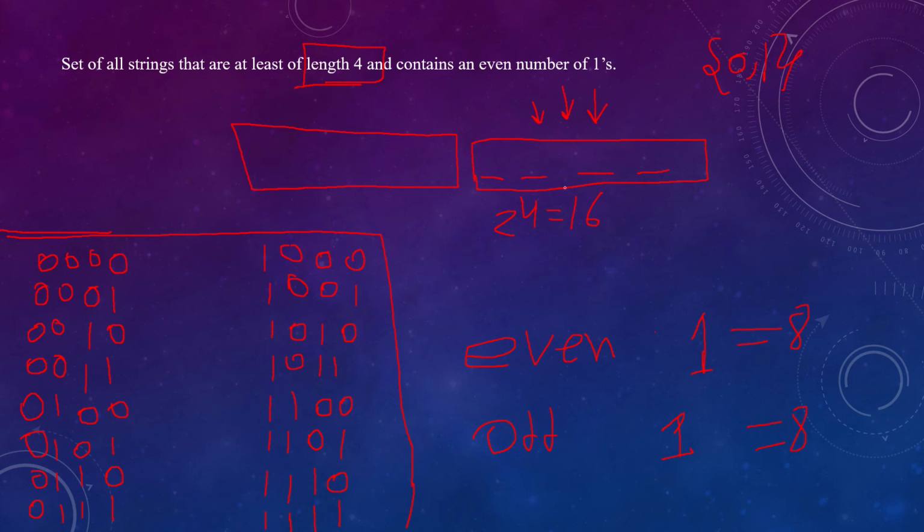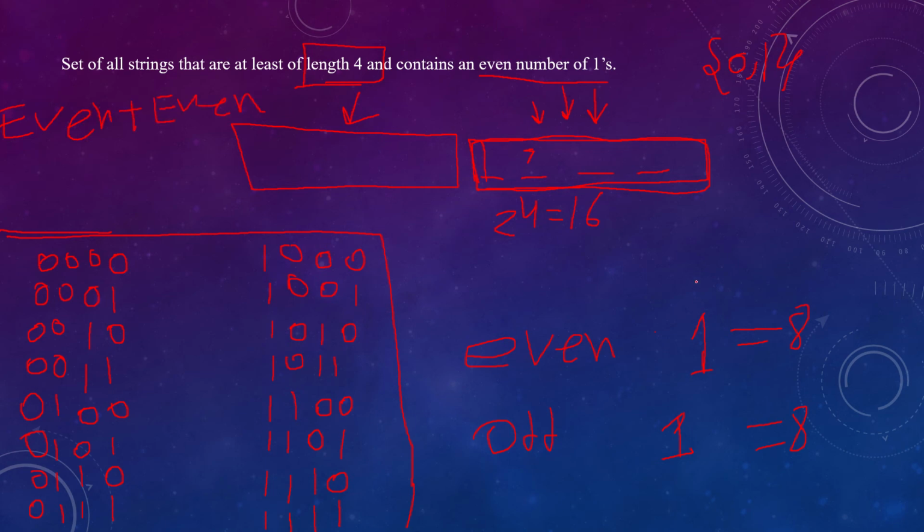Now if there is an even number of 1s in this part, that means in these 4 digits, then this part of our string must have an even number of 1s too, because the complete string has to have an even number of 1s, and even plus even is even.